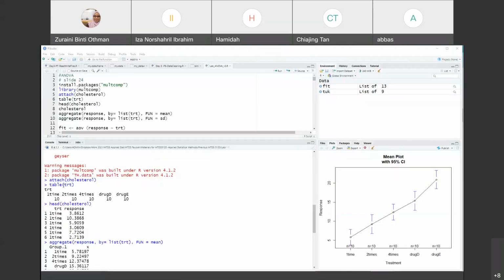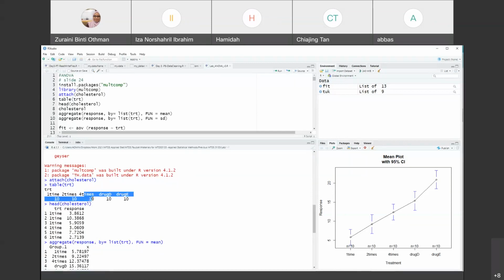Okay, the table TRT give you that 10 receive one time, which is 20 milligram at once, and 10 will receive two time, which is they take it first for 10 milligram and second for 10 milligram.